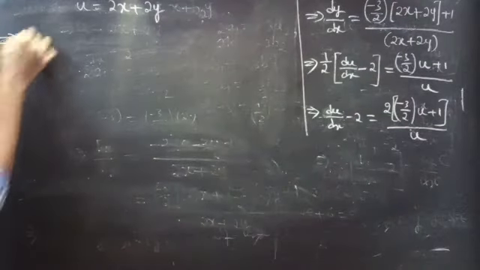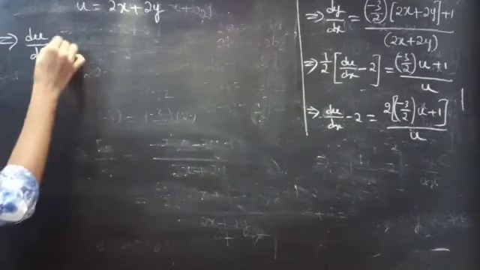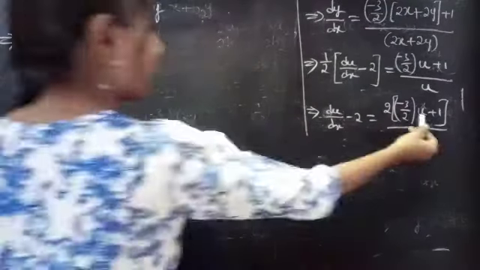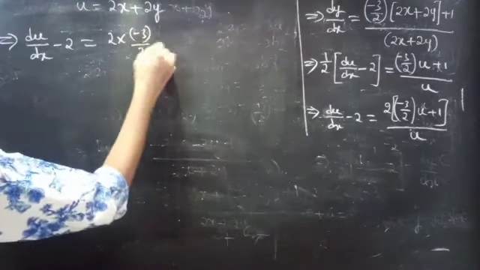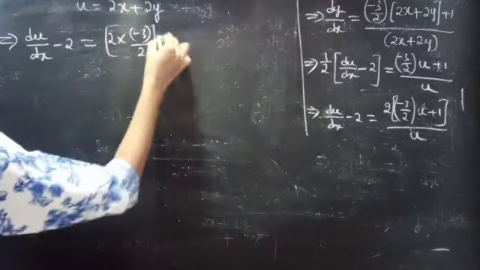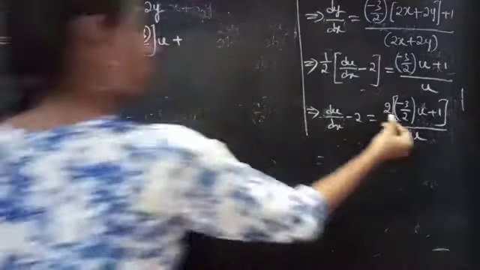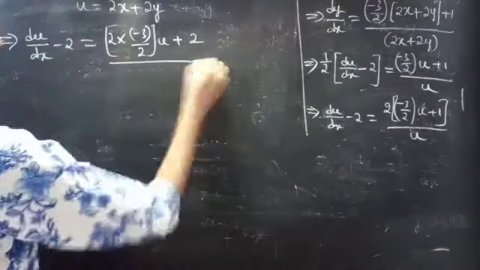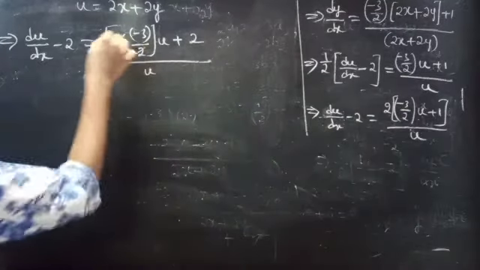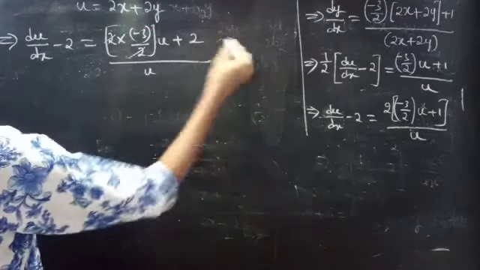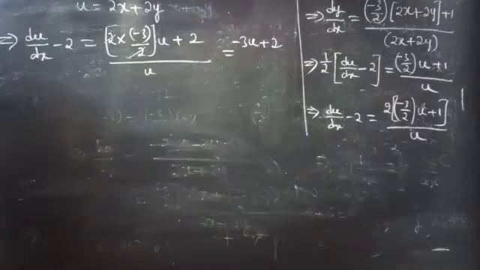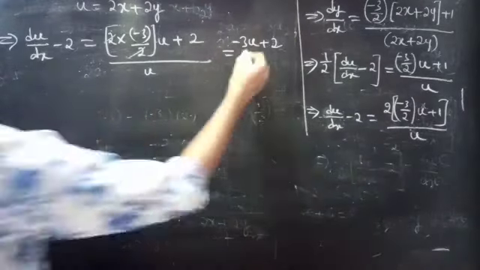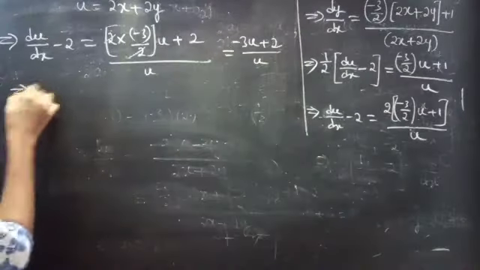Then du by dx minus 2 equals, multiply these two terms with 2. Then you'll get 2 into minus 3 by 2 into u plus 2 into 1 by u. Here 2 gets cancelled and you'll get minus 3u plus 2 by u.